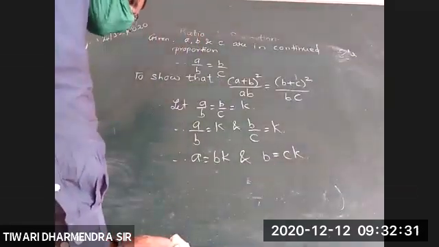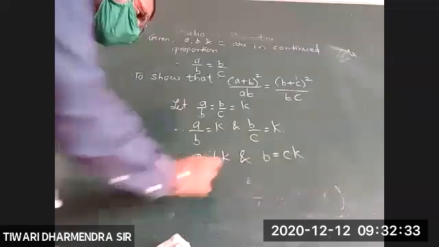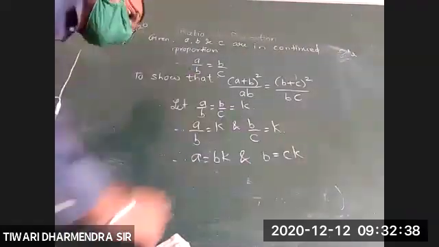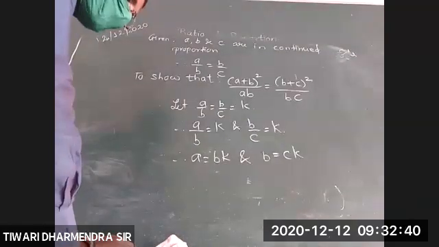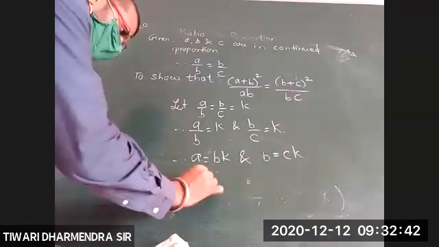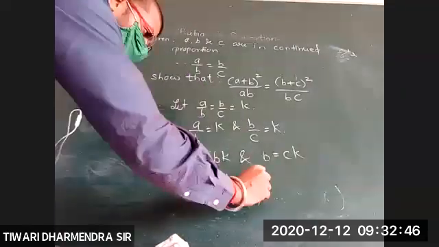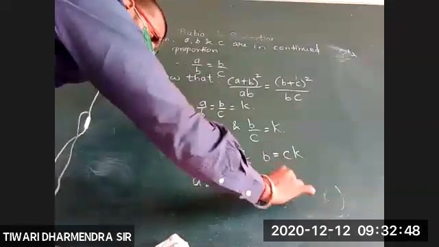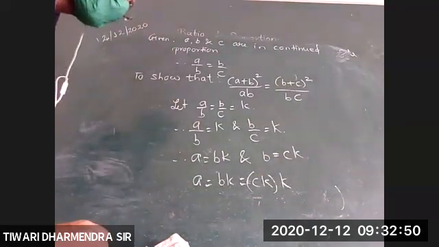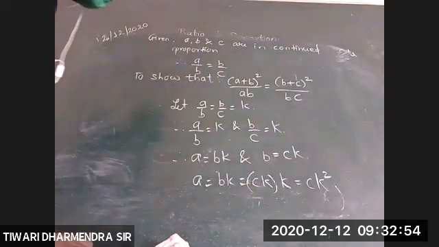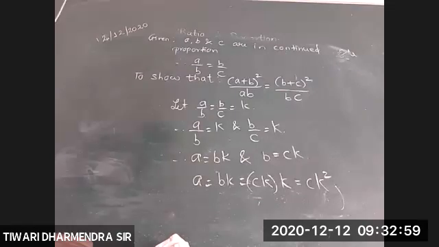But as we are having BK here and the value of B is also known to us from here, we can again convert A to the form A equal to BK, replacing B by its value, that is CK into K. What do we get? We get C into K into K. So let's take the form CK square.